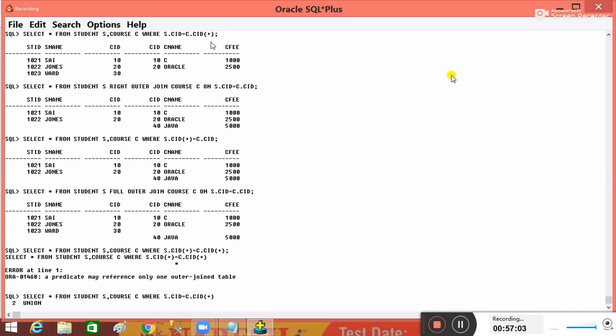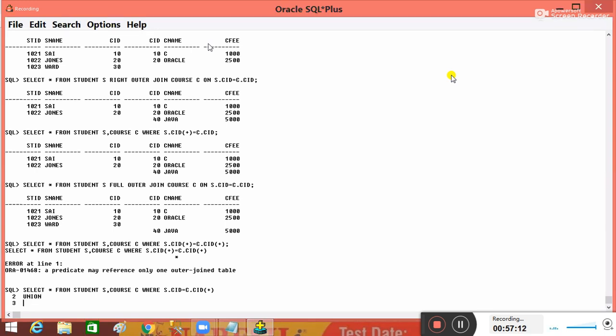Union means what? Combining purpose, right? Combining the results of two select statements. Union operator, and left outer join taken, right outer join I'm taking now. So left outer plus right outer joins I have taken by using the union operator.